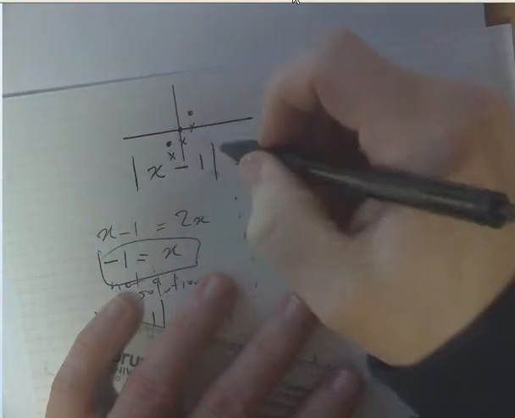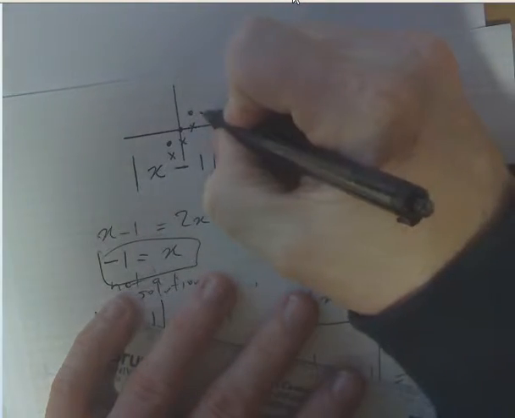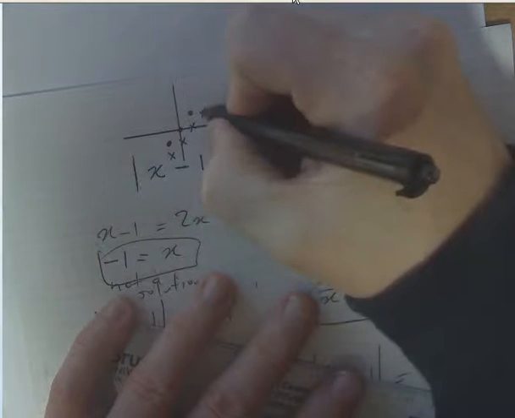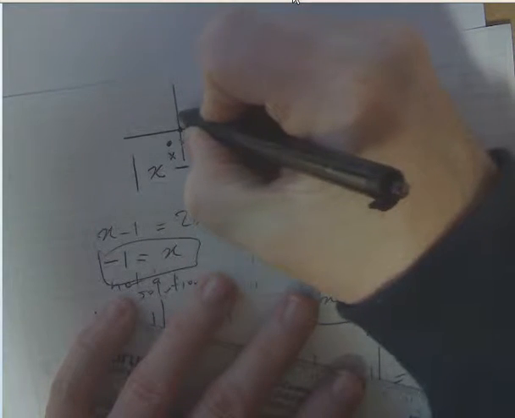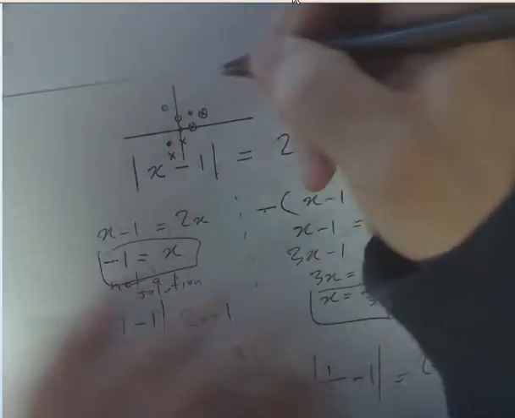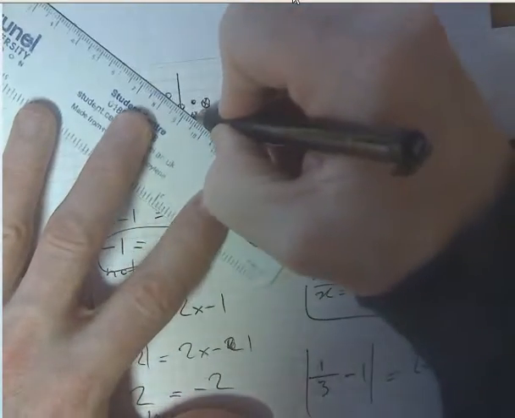And when you put modulus bars on it, everything that was down low becomes high. So that would stay there, but this cross would become this circle, this cross would become this circle. And so what you get is this classic V shape.